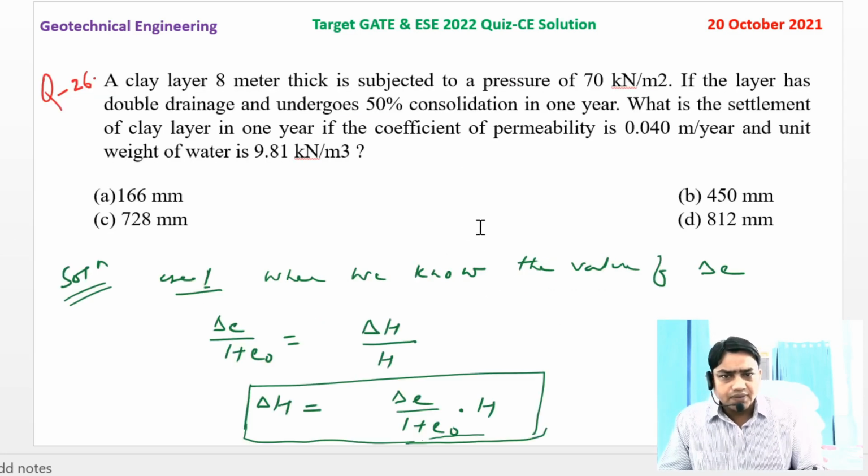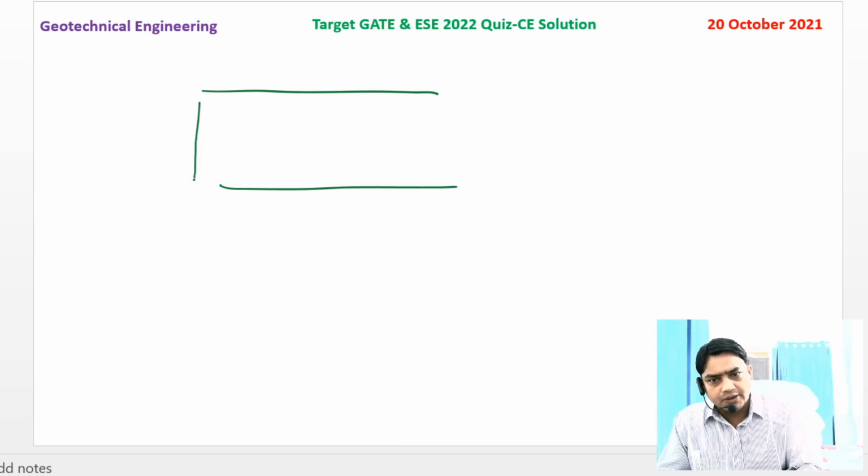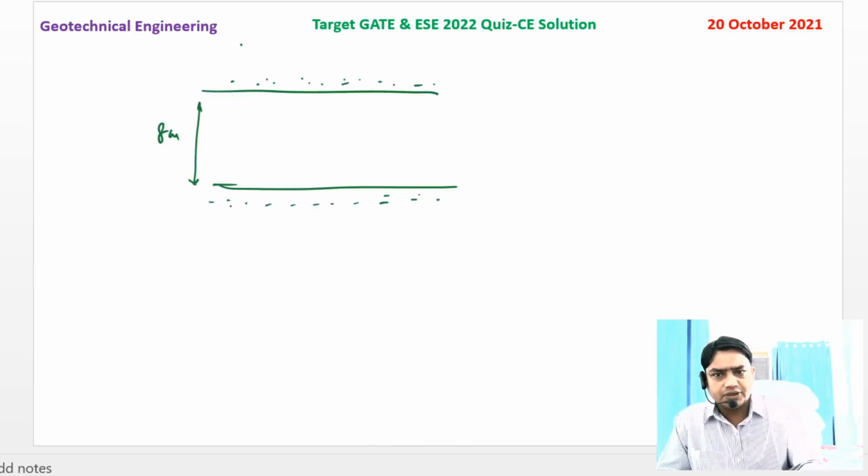Now in the question, there is a clay layer of 8 meter thickness. Let us assume this is our clay layer, 8 meter thick, and there is double drainage, so drainage at the bottom and top of the clay layer. It is subjected to a pressure of 70 kilonewton per meter square, so delta sigma dash is 70 kilonewton per meter square.